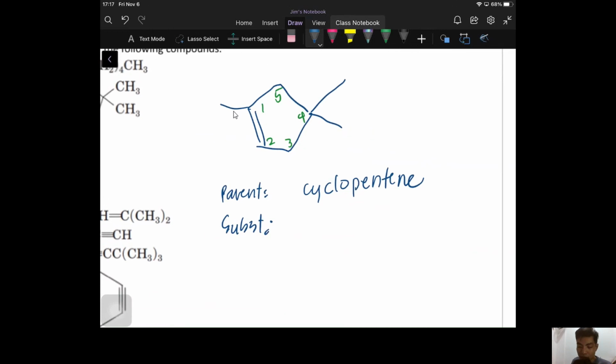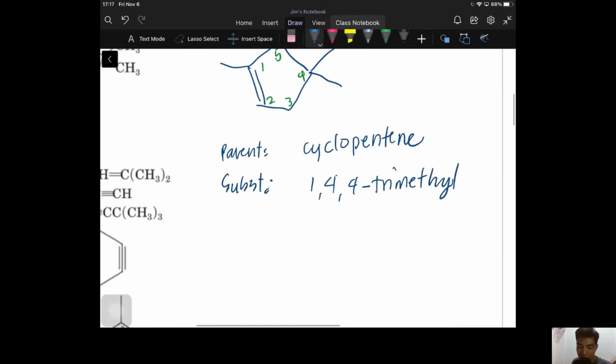Tatlong methyl yan. So, trimethyl. Ano yung locants natin? 1, 4, 4. So, 1,4,4-trimethyl ang kanyang substituent name. Pagsamahin na natin lahat. So, that will be 1,4,4-trimethylcyclopentene. Okay? So, yun yung kanyang pangalan.